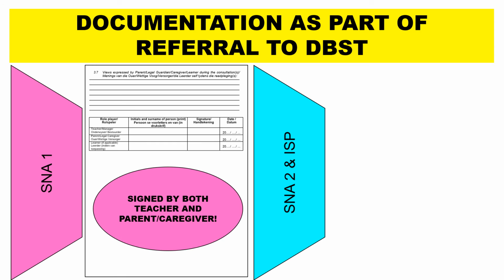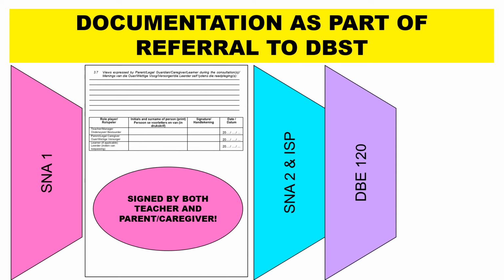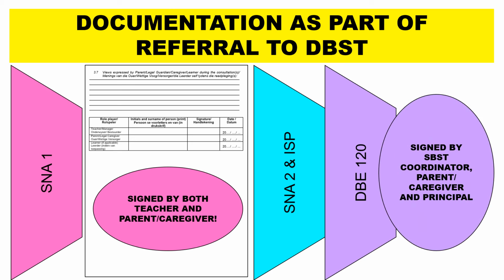Then SNA2 and ISP should be included. DBE 120, that is the responsibility of a learning support teacher. And the DBE 120 must, of course, be signed by the SBST coordinator, the parent, and the principal.